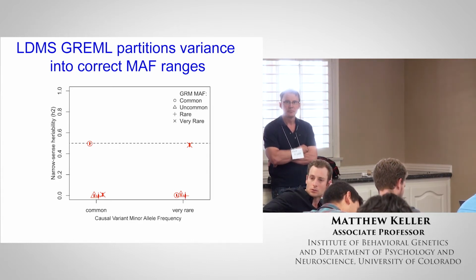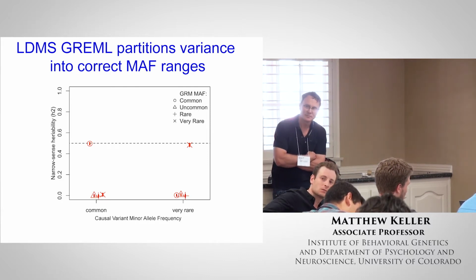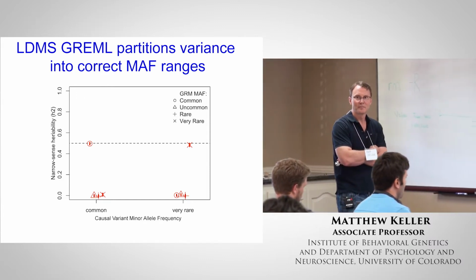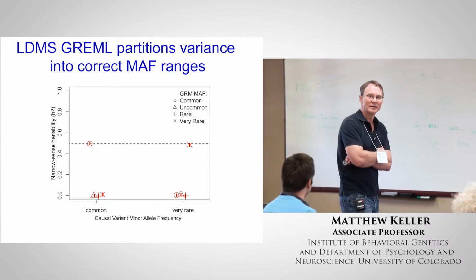You can partition by MAF and our estimates become unbiased. Then Speed and Doug Balding responded by saying, well, bin by MAF, but then choose the causal SNPs within each MAF bin to be the ones that are in LD with their neighbors, then we can still mess things up. Yep. That's right.